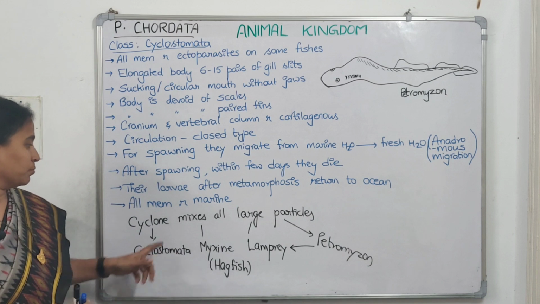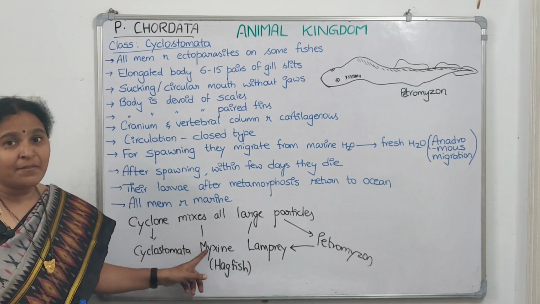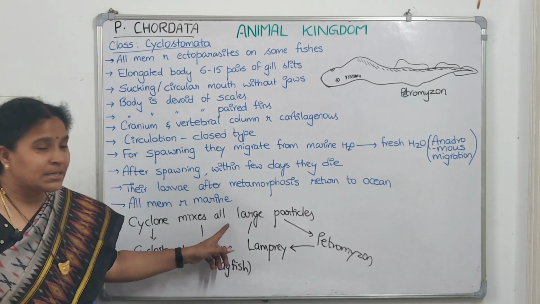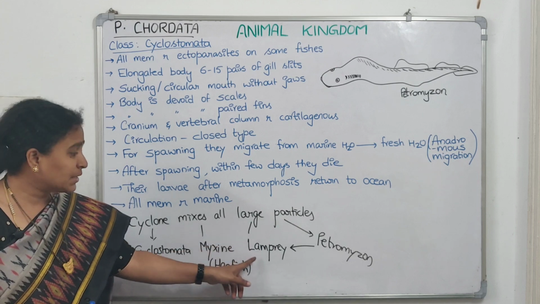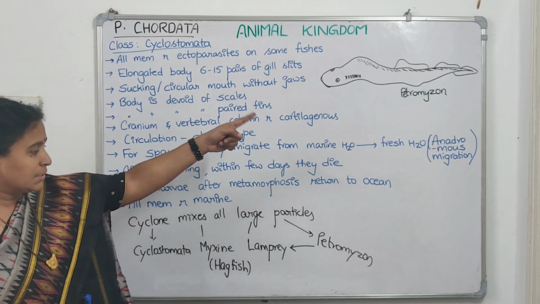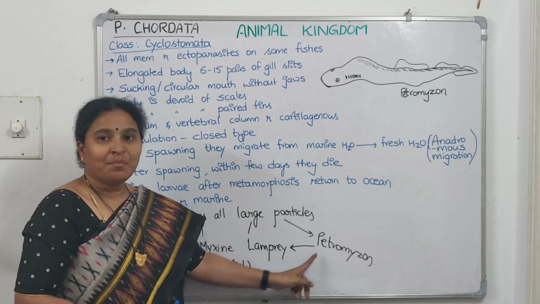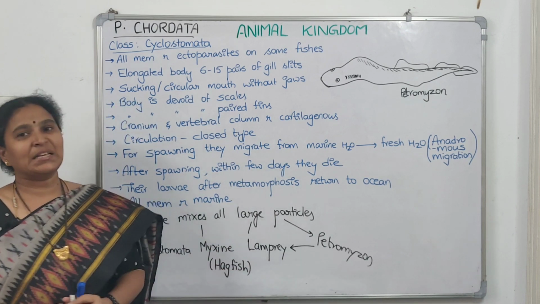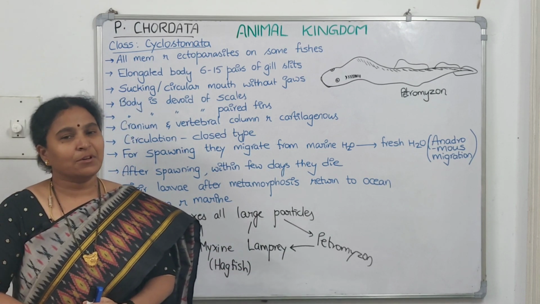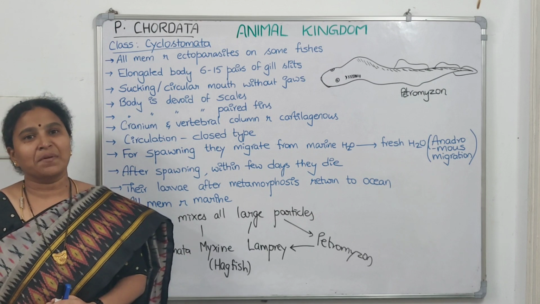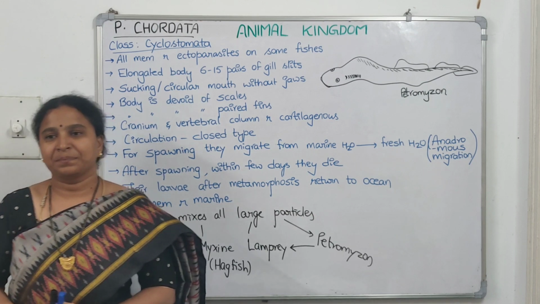Cyclone means cyclostomes, and mixes means Myxine, which is called hagfish. All means leave it. Large means lamprey. Particles means Petromyzon, which is also called lamprey. So with this simple code, we can memorize the examples of cyclostomes. Take a screenshot, then we will talk about Gnathostomata.